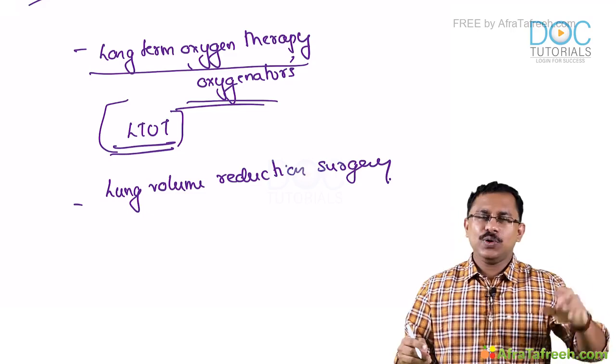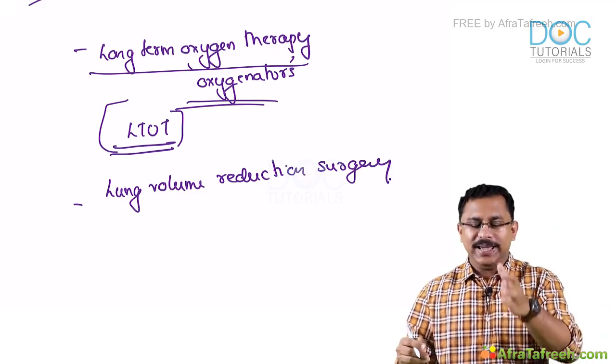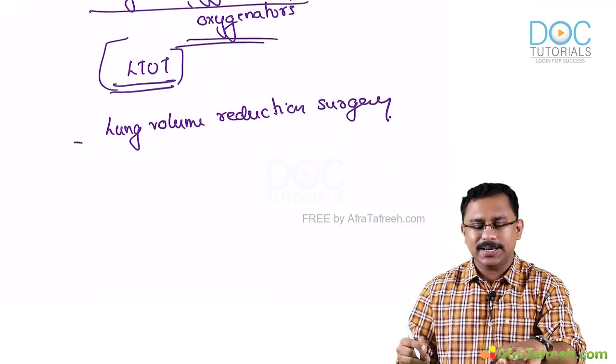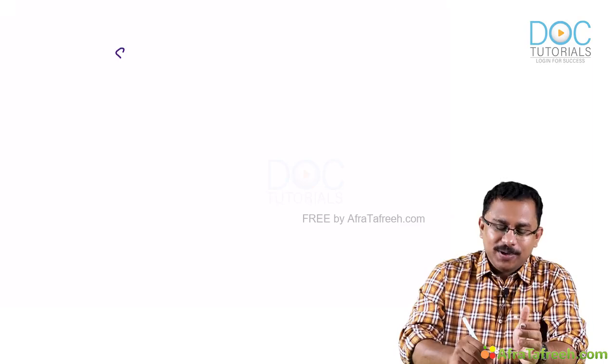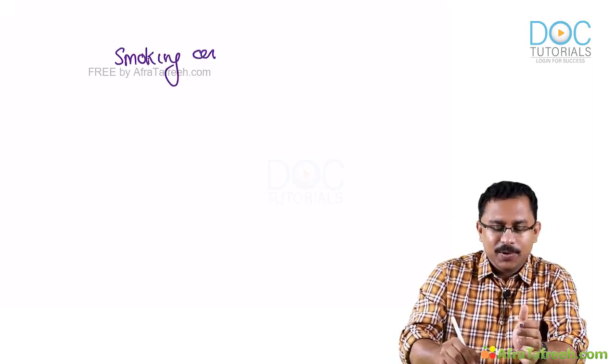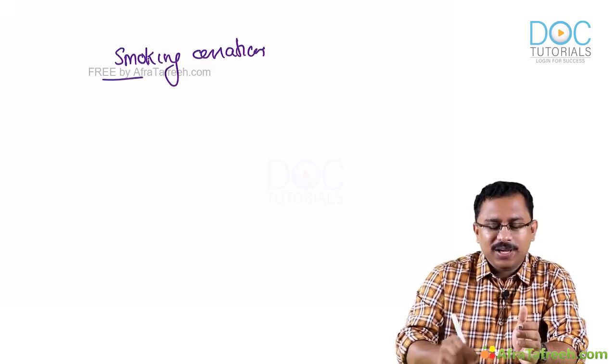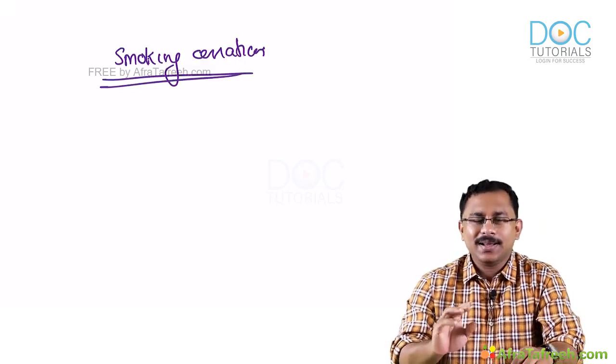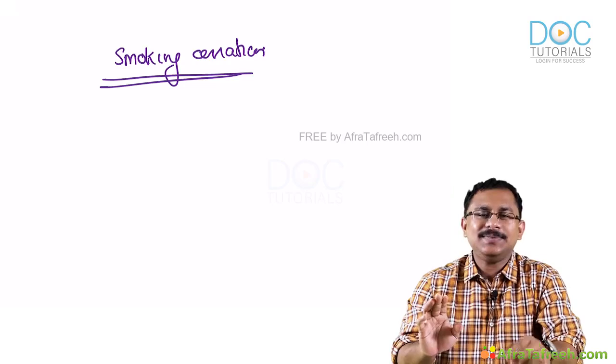Okay, so you have learned the treatment, the importance of LTOT, the lung volume reduction surgery, and remember, more than anything else, what is more important? Smoking cessation, which is very, very important. So you have got to give the patient advice regarding smoking cessation.